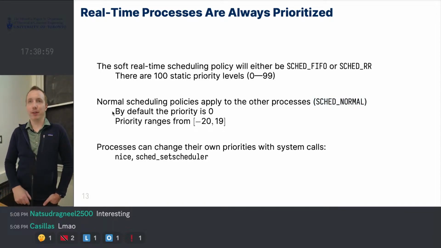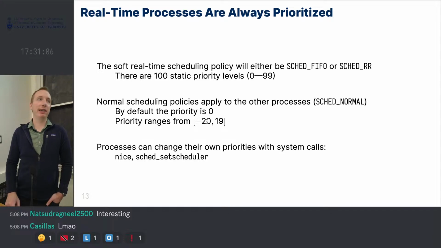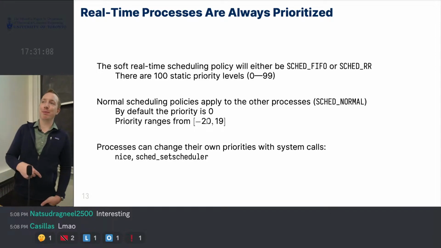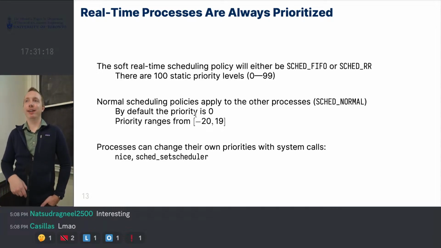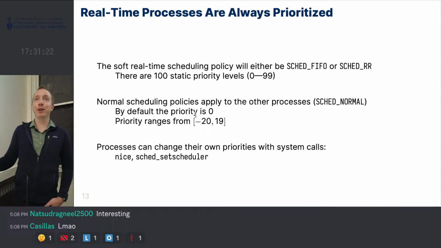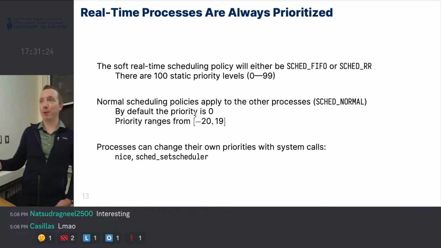By default, their priority is 0, and the priority ranges from -20 to 19, where a lower number means higher priority. And this number, for some reason, they call niceness, not to overload the term priority. So the idea behind that is if you are less nice, you have a lower number, you're greedier, you take more of the CPU.